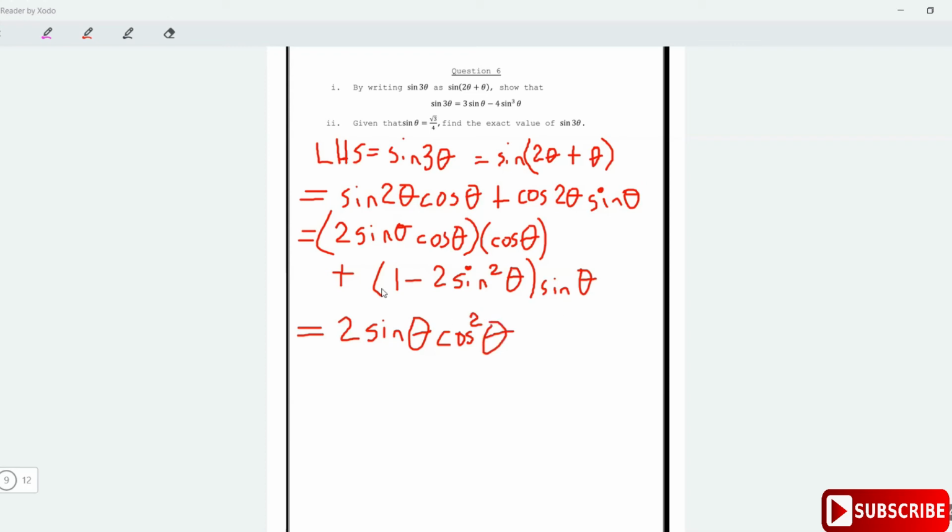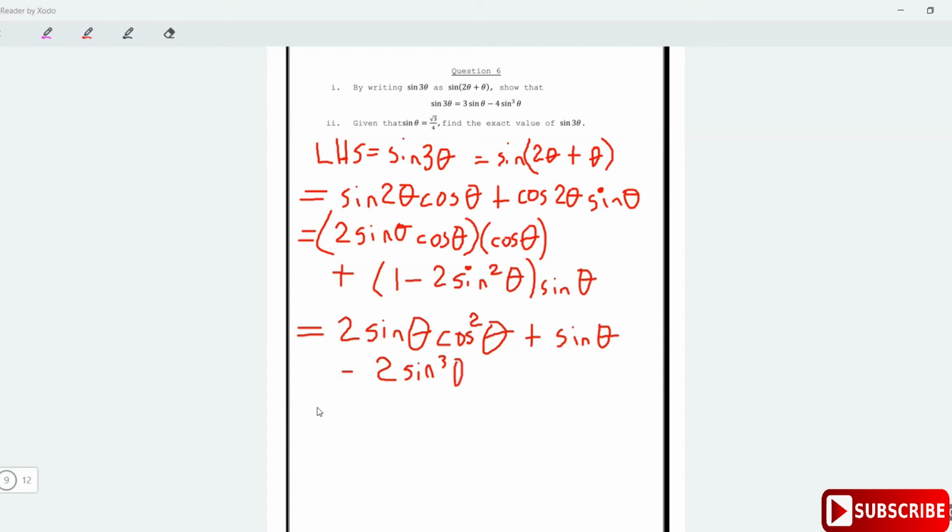Then we have sine theta times 1, that becomes plus sine theta. And then we have sine theta times minus 2 sine squared theta, which becomes minus 2 sine cube theta.